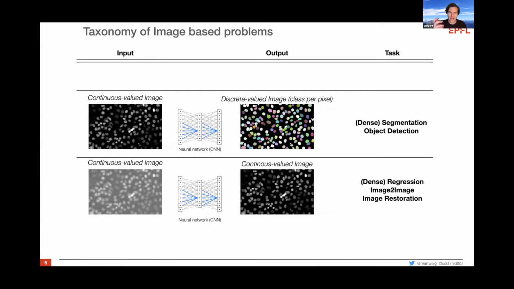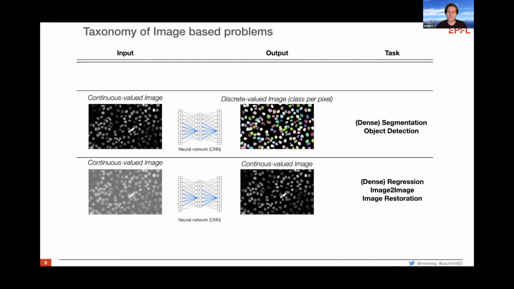And from a very high level point of view, you can think of object detection or segmentation as follows: your input will always be an image, and an image is an almost continuous valued 2D or 3D array of pixel intensity values, right? So every pixel would have an almost continuous value of the pixel intensity at this point.